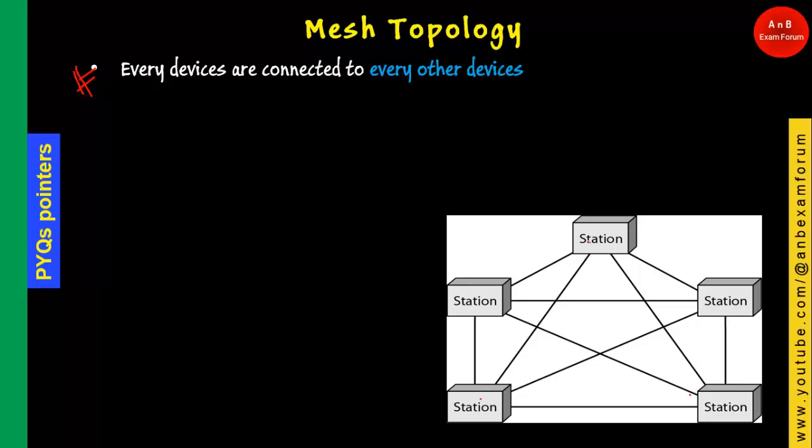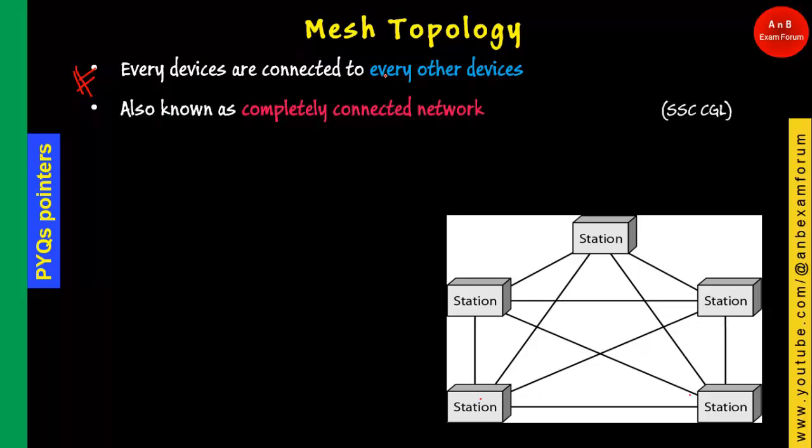Okay, so the most important characteristic of mesh topology is that every device, or node, or computer is connected to every other device. Sometimes it is also known as a completely connected network. So the completely connected network is basically the mesh topology.